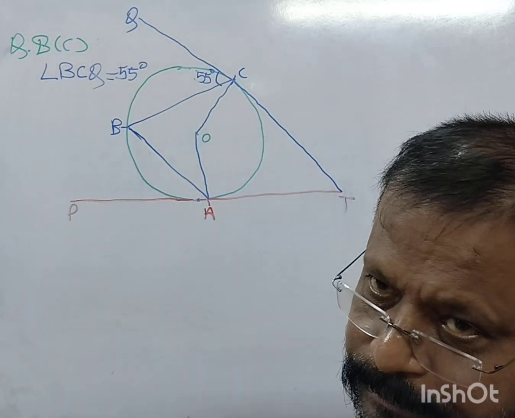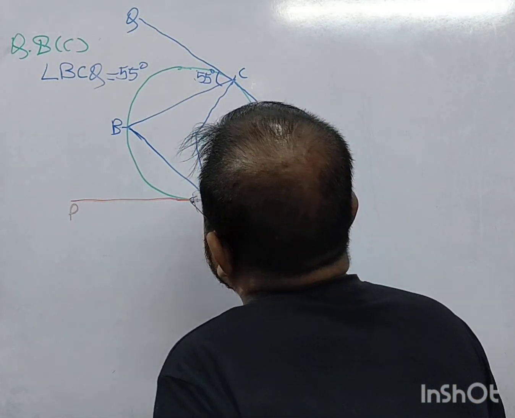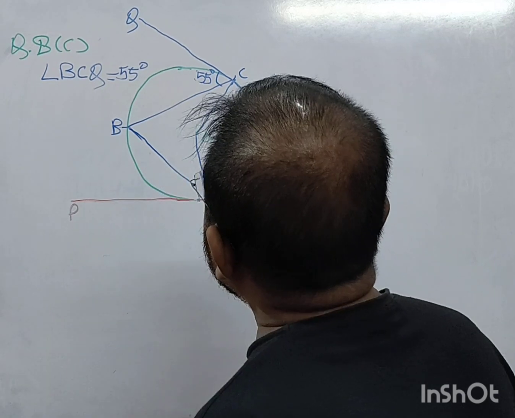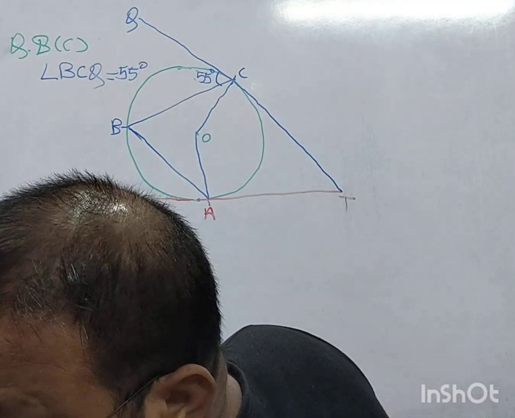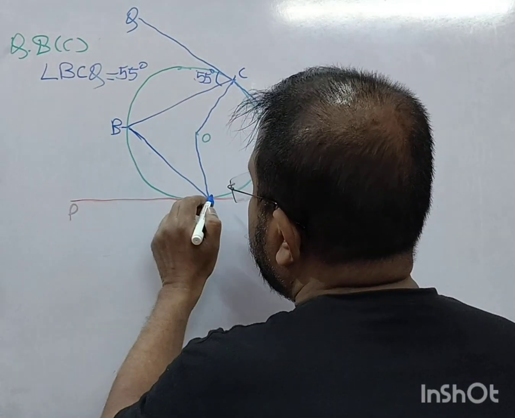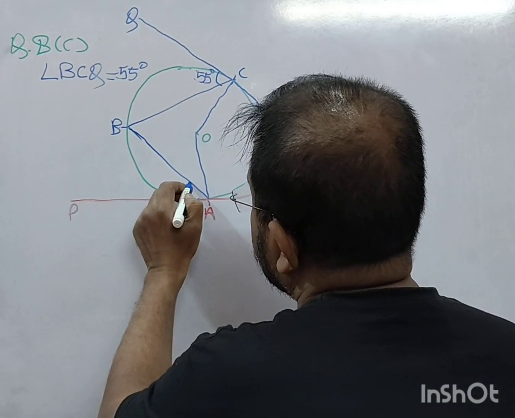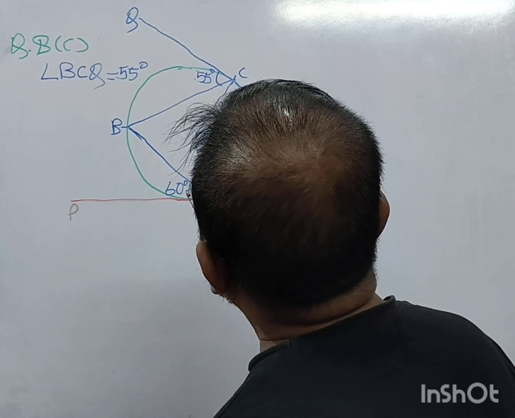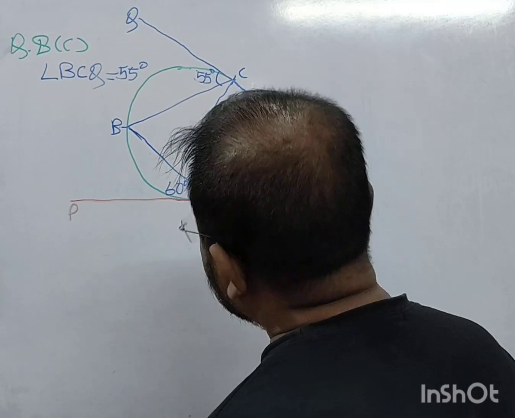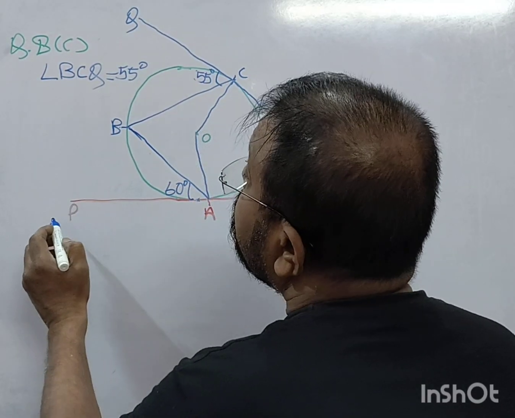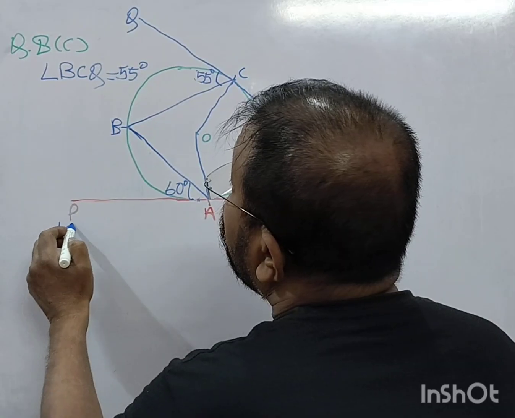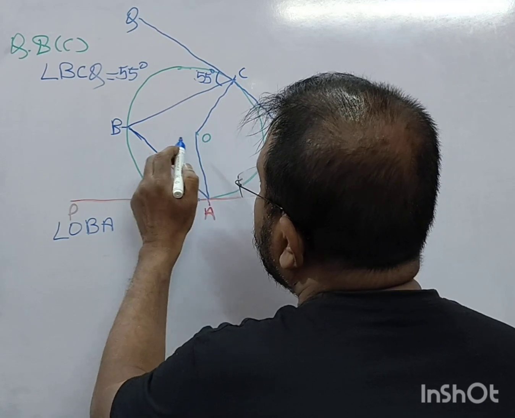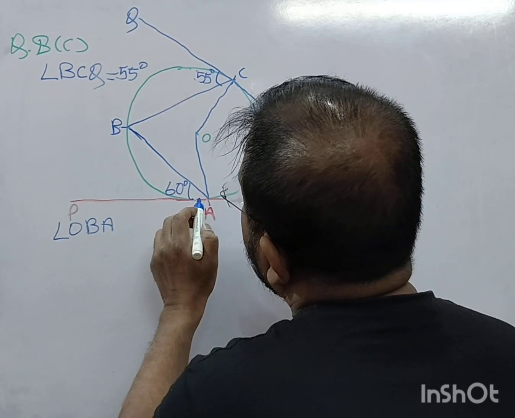This is going like this, right? And which other angle are you saying? BAP. How much is it? 60 degree. Okay. Now what next? Nothing next. Find what? OBA, OBC. O B A. How can we find it?